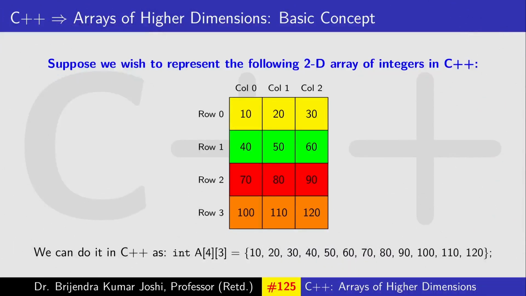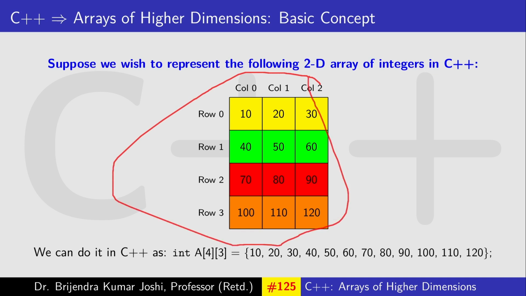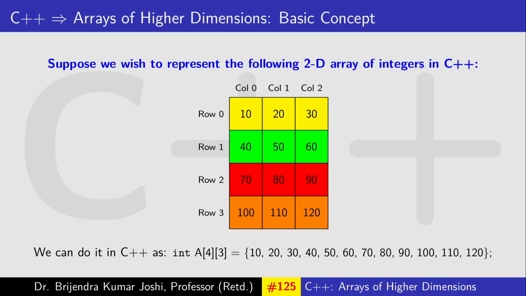Suppose we wish to represent the following 2D array of integers in C++. So it appears to be like this, but remember it is not like this in memory. When it comes to storing in memory, it is not like this. Okay, so it can be done like this.